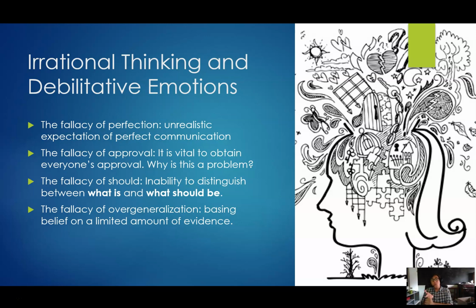So, we also have the fallacy of should, an inability to distinguish what is and what should be. A lot of times this could happen in an organization where someone may perceive that this is how an interaction between an employee and a guest or customer should be, whereas time after time after time, it ends up being what actually is.